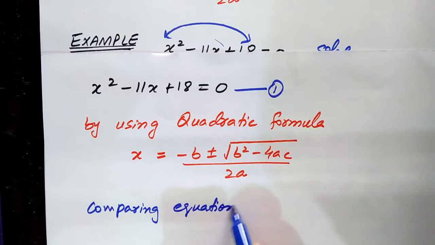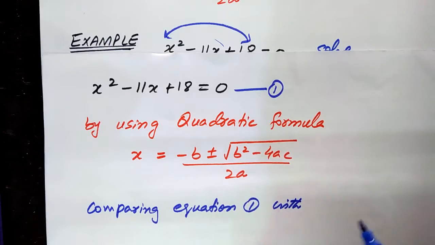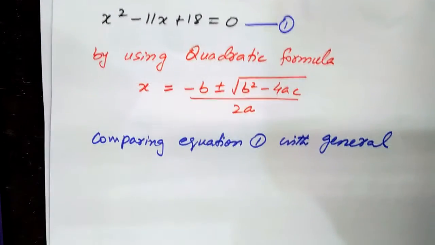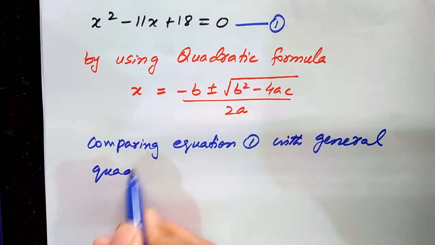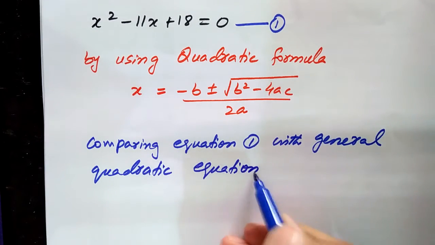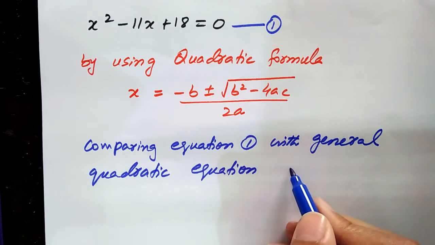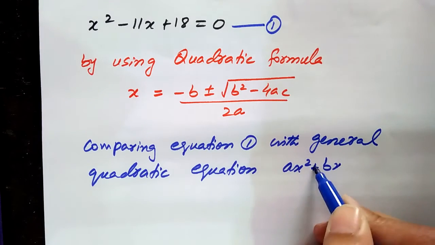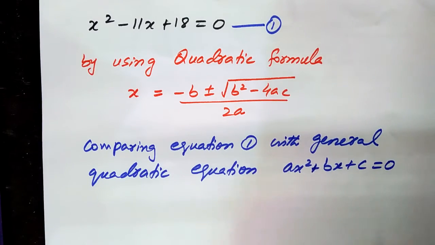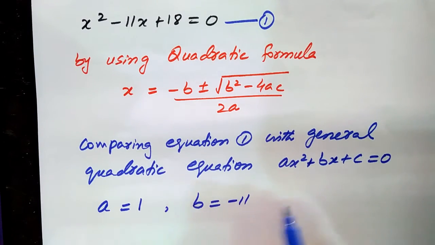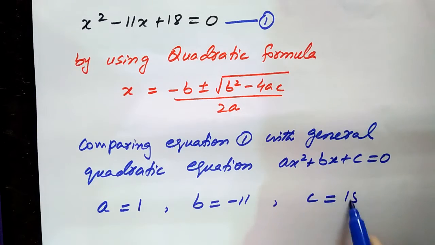Comparing equation 1 with the general quadratic equation, that is ax square plus bx plus c equals 0, we will get a equals 1, b equals minus 11 and c equals 18.